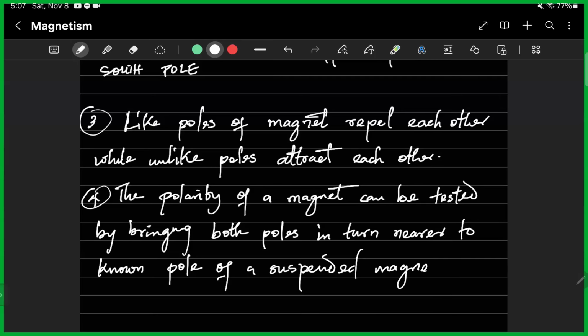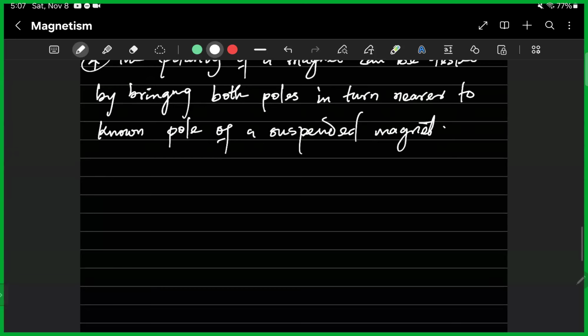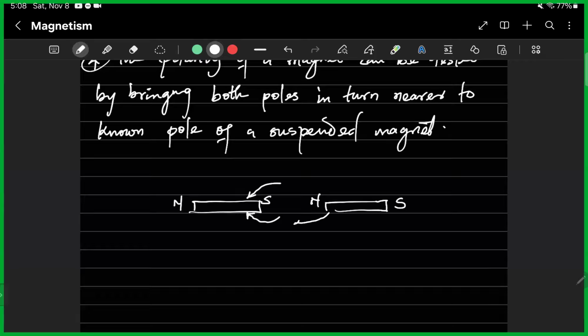The meaning of this is that if we have a magnet, say North Pole and South Pole here, and then we have another magnet, North Pole and South Pole. Stuff enters at the South Pole and comes out from the North Pole, so it's very easy for them to attract.